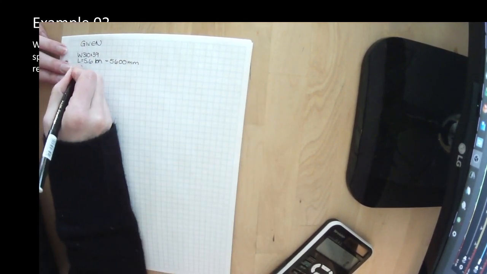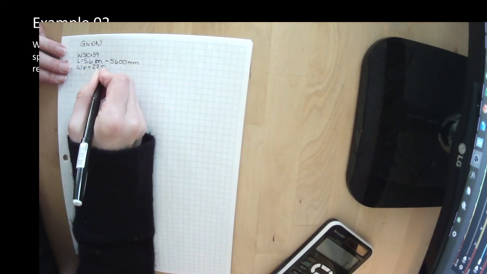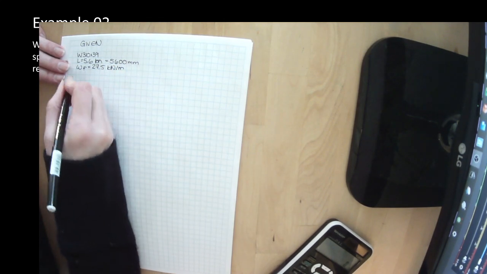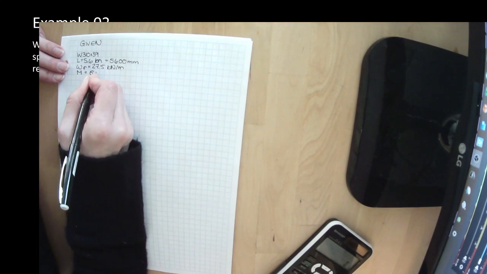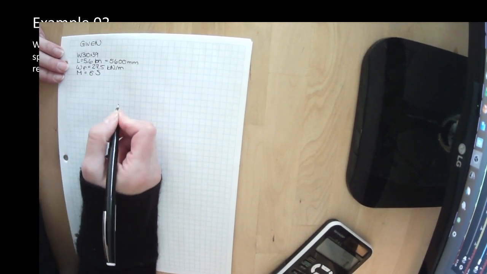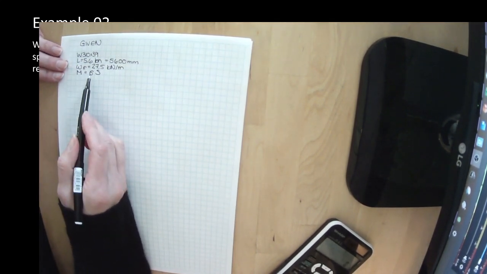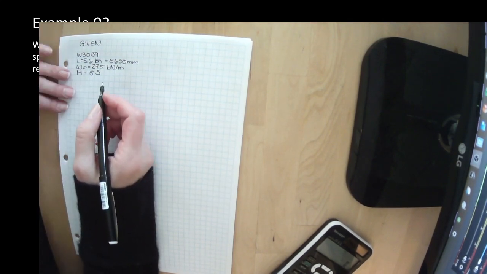Sometimes it's good to get in the habit. We know that WF equals 27.5 kilonewtons per meter. They've told us it's elastic, so M equals stress times S. So we need to know what M is, we need to know what stress is, and we need to know what S is. It's all kinds of things we don't know still here.